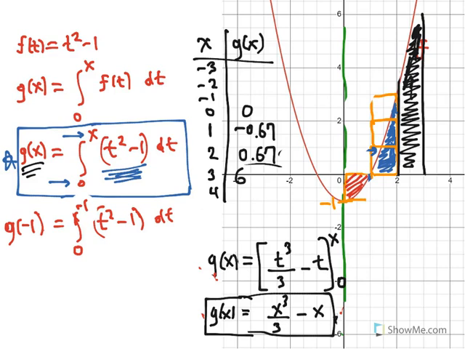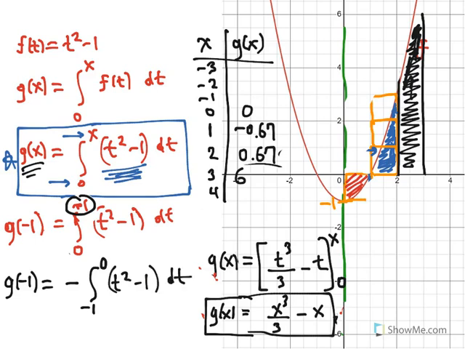So one thing that you should notice right away about g of negative 1 is that the upper limit of integration is actually less than the lower limit of integration. So you want to switch the limits of integration to rewrite this as the definite integral from negative 1 to 0. But when you switch the limits of integration, you have to multiply your definite integral by a factor of negative 1.